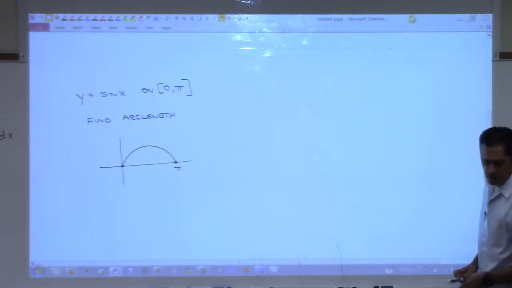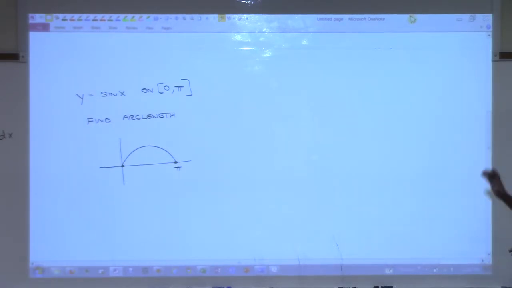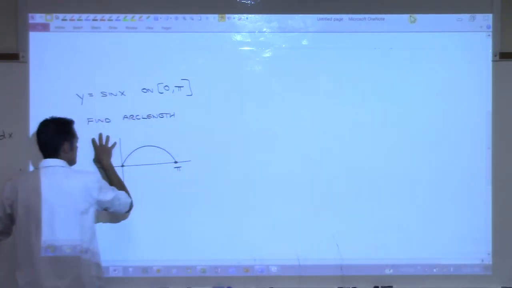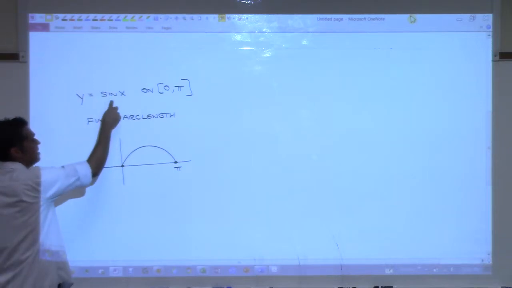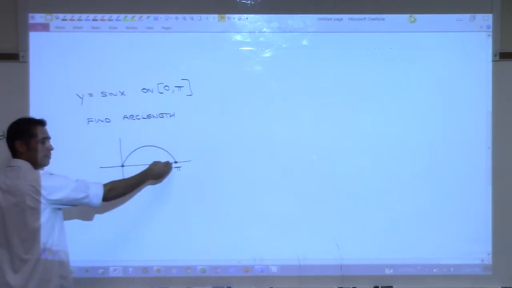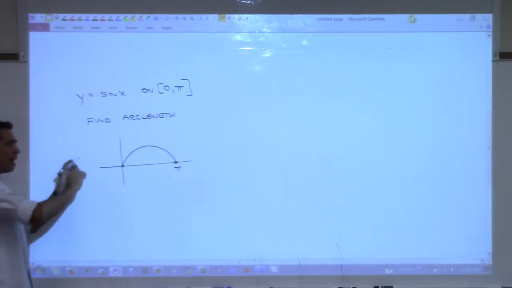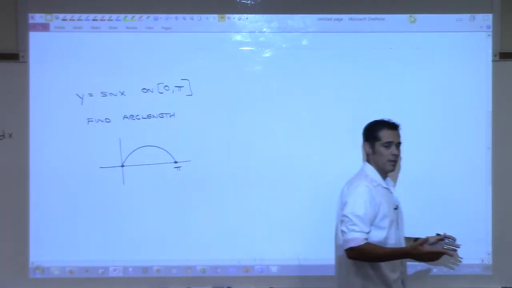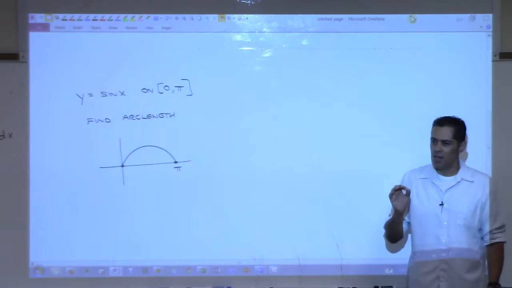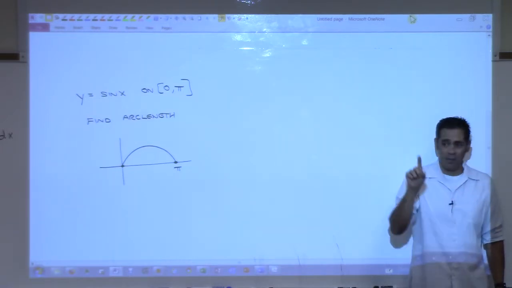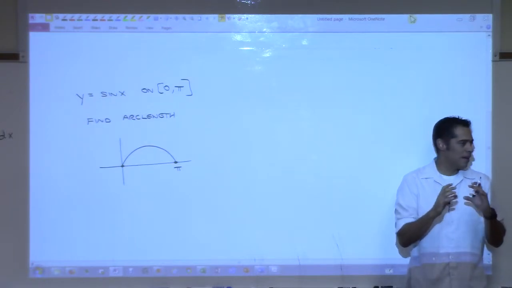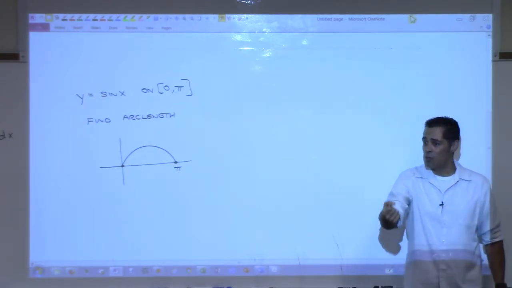Okay, I'm done arguing. So the moral of this story with this problem is this: as innocent as sine x looks, and as nice as it would be to find that arc length, that didn't work out well, did it? Because of the complexity of the formula itself, square root of 1 plus the derivative squared, we have to be very careful in terms of handing you a problem.